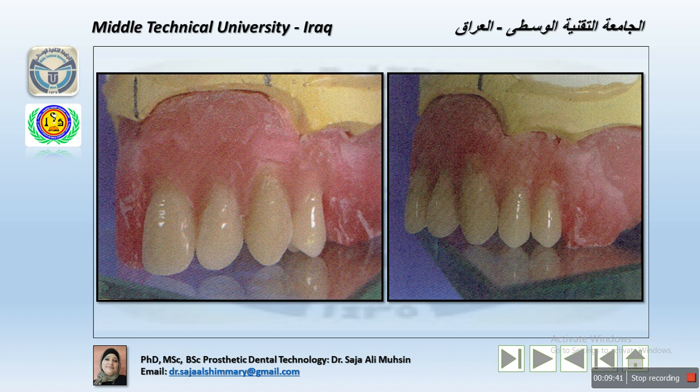Now what we have: the central touching, the lateral touching the occlusal plane, the lateral away between 0.5 to 2 millimeters, depending on the age of the patient. The canine touches the occlusal plane; the first premolar, both the buccal and the palatal cusps touch the occlusal plane; and the second premolar, only the palatal cusp touches and the buccal cusp is lifted slightly.